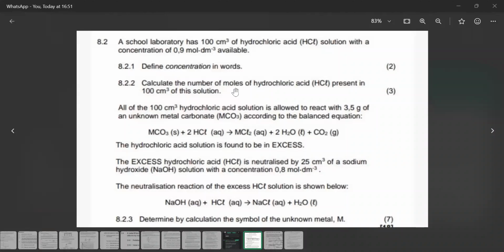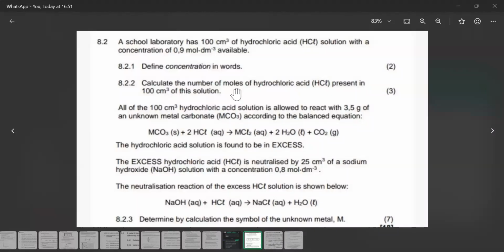Now they say to us, the excess hydrochloric acid, in other words, the one that remains after it reacts with this metal carbonate, is neutralized by 25 cubic centimeters of a sodium hydroxide solution having a concentration of 0.8 mole per cubic decimeter.